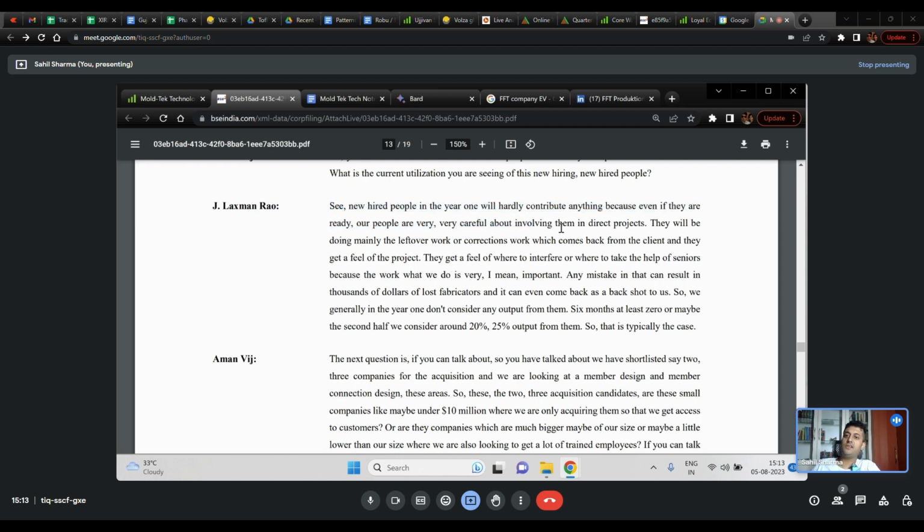Newly hired people in year one will not contribute much, meaning most of the growth they are doing right now is coming from people they hired 1 year ago, right? Which means there is significant operating leverage built into the system, where essentially, if you slow down your hiring today, your revenues can still grow fast while your expenses won't grow that fast.